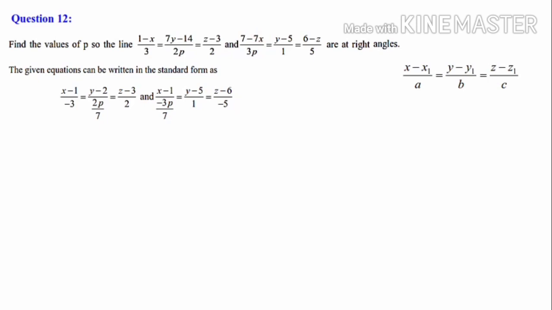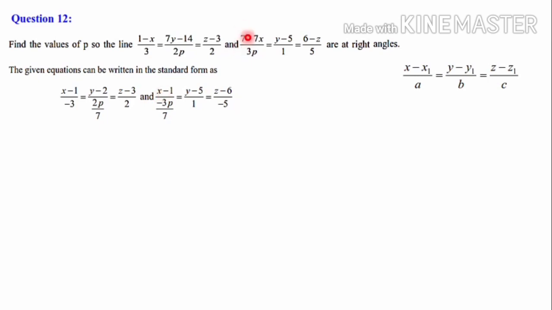Second equation we have to change again: x minus x1, x should be first, coefficient should be 1. So x should be first in the sense we have to take a minus common, that we can keep in the denominator, that is minus 3p. Then the coefficient of x should be 1, which means you have to divide by 7. So when you divide through 7, 7x by 7 is x.